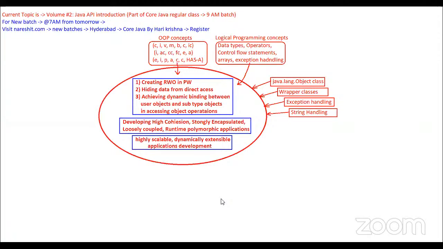You must use logical programming concepts: data types, operators, control flow statements, arrays, exception handling. You need to write a lot of conditions, calculations, and logic. Some of this logic is common to all projects, so that common logic is developed by Sun Microsystem. That common logic, Sun Microsystem named it as what?